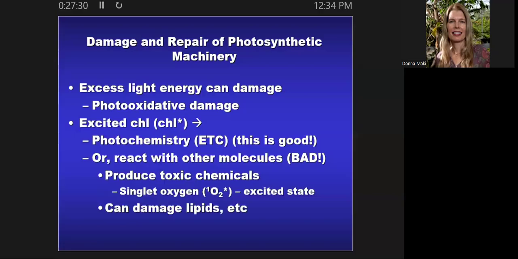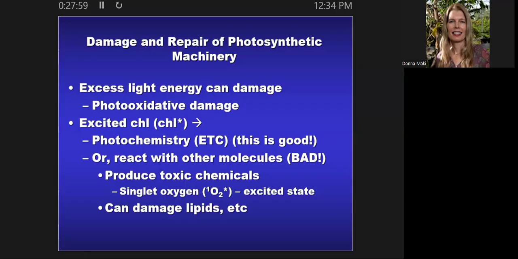And then once those get produced, they start causing significant damage to the proteins of photosystem 1 or 2, for example. Lipids too, the thylakoid membrane is made up of a bunch of lipids, of course. So it can be kind of a domino impact, one thing falling after the next, where things can get really, really damaged.